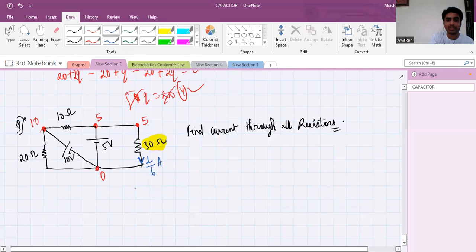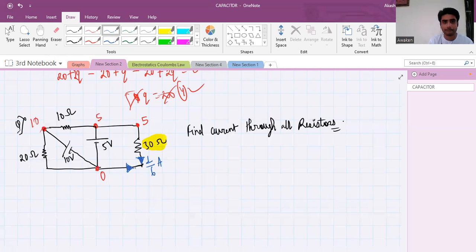Right or wrong? Right. Is the direction of current right or wrong? Or should it go like this? No, it's right. Why?